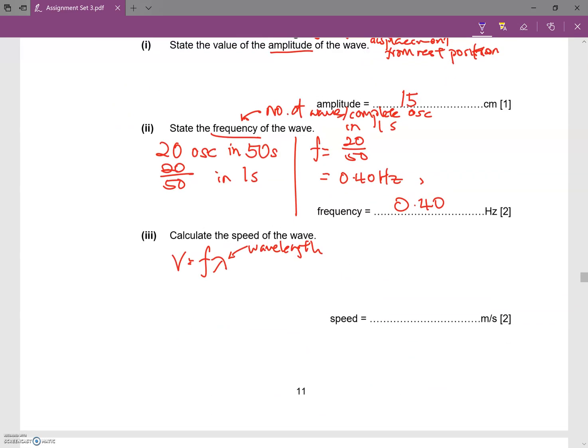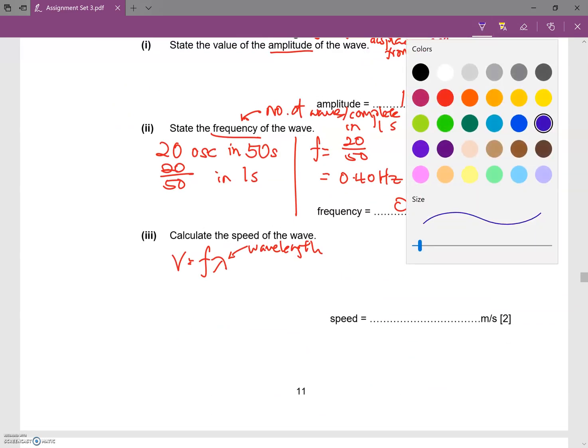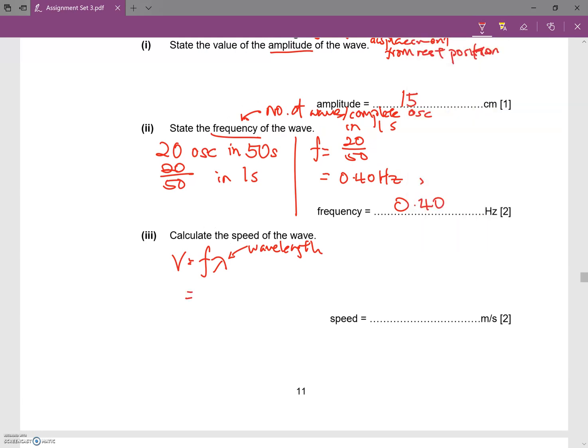So the speed of the wave will be 0.40 multiplied by 60. If I press my calculator, 0.4 multiplied by 60, you get 24. Do take note, because 60 is in cm, it's actually 24 cm per second. Now, they want meters per second.